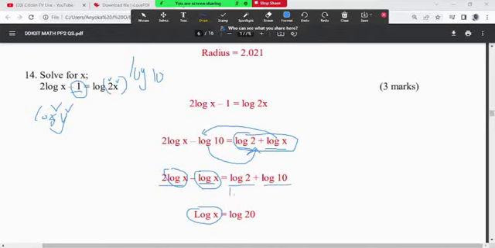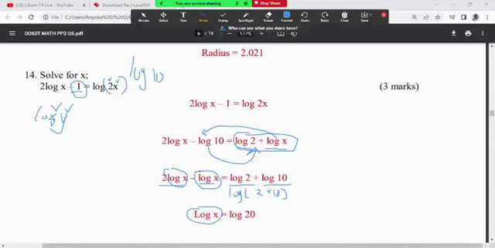Factor out log. If you take out logarithm, it will be 2 times 10. So log 20. So log x equals log 20, but what we need is x. What we need is not log x. We need x.